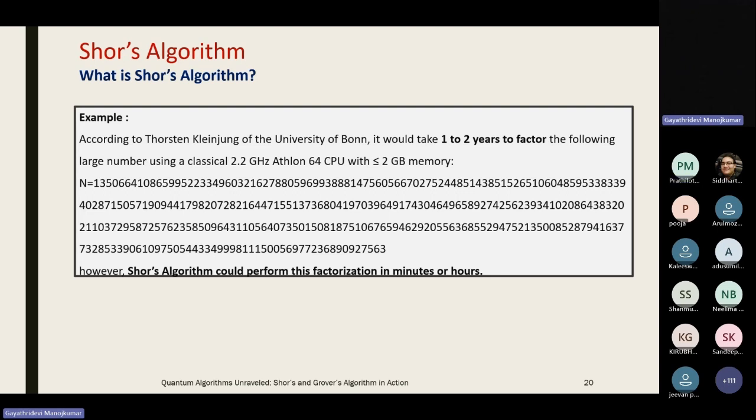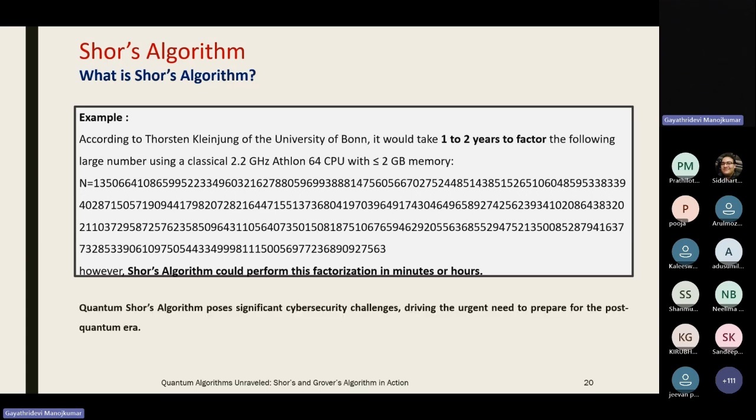So what do you think, if RSA was broken on the classical computer, what is the next thing? That is, the enhancement of cybersecurity is needed now. So this makes a significant move on the cybersecurity challenges, where we are moving to an urgent need to prepare for the post-quantum era.